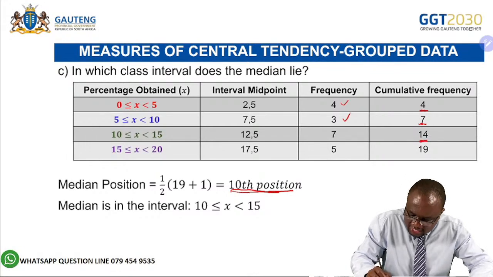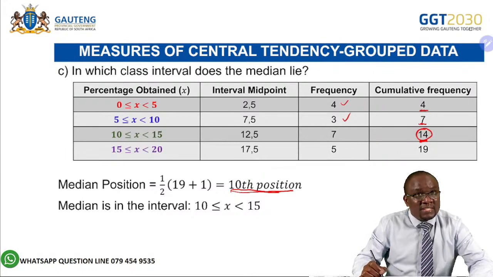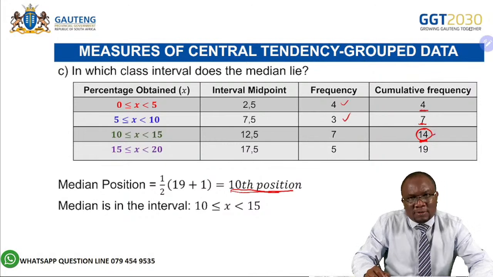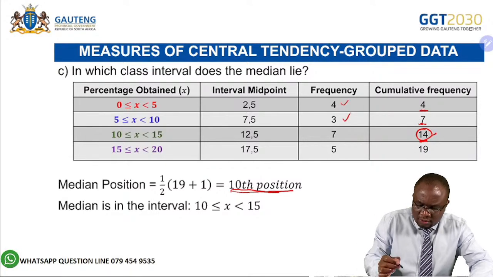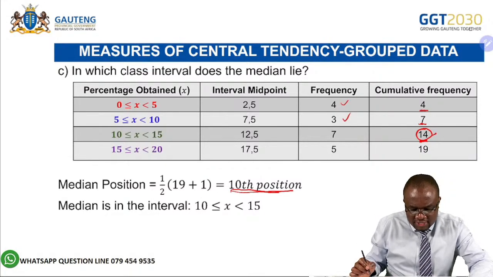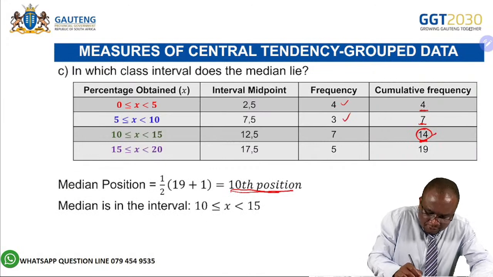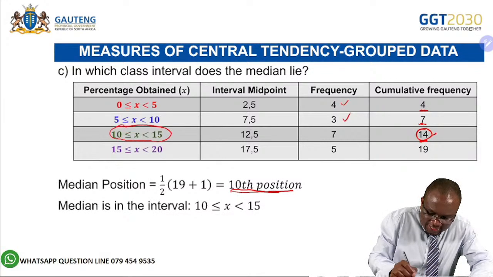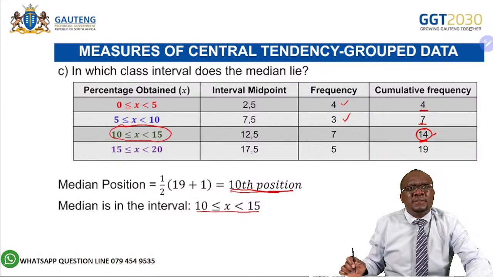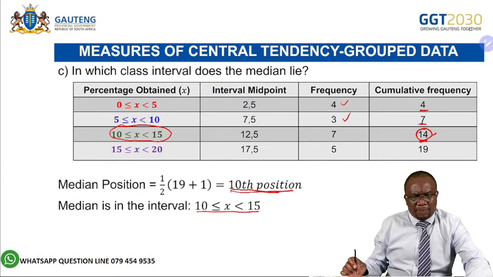So it means the 10th mark is in this class interval, because this one is up to the 14th mark. So this is our median, from 10 to 15, 10 included, 15 not included. You see that?